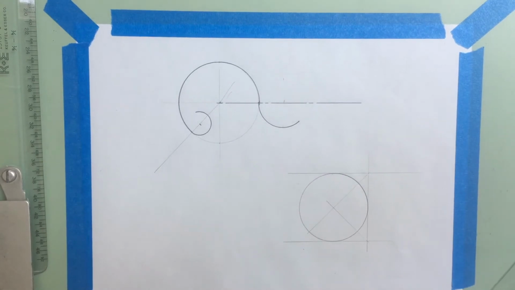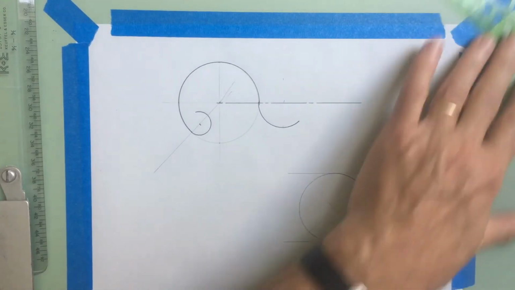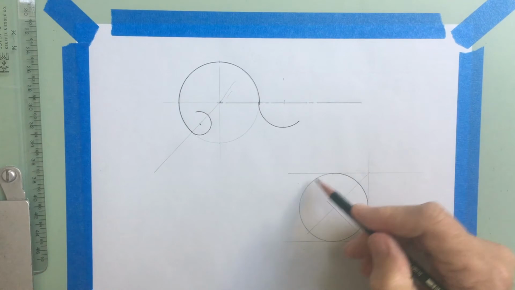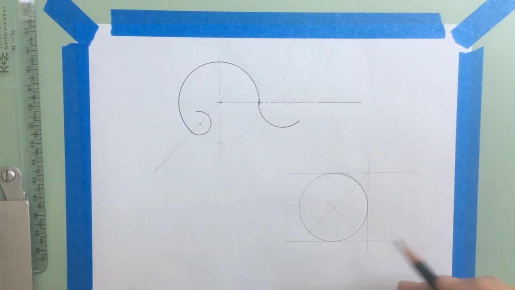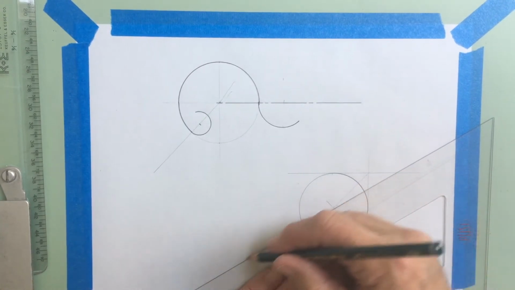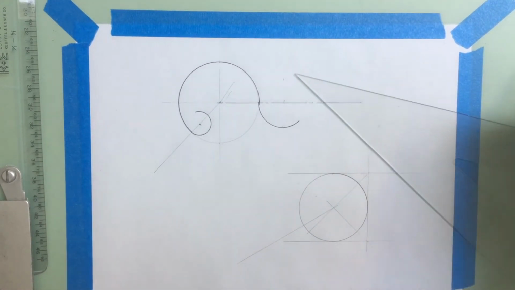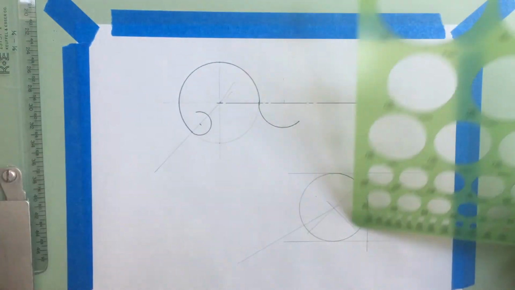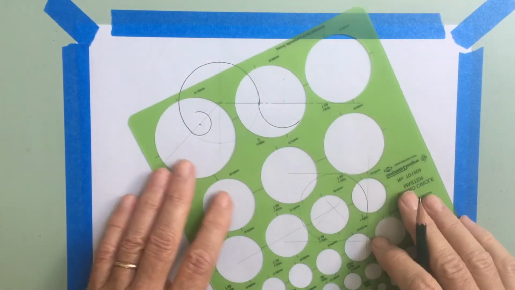And let's say I want another arc to be tangent to this to make a pretty little S-curve. And I want it to be off in this direction. Well, let's see. Let's have a center line there. And let's put an arc along that center line.